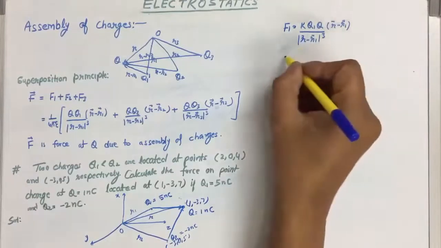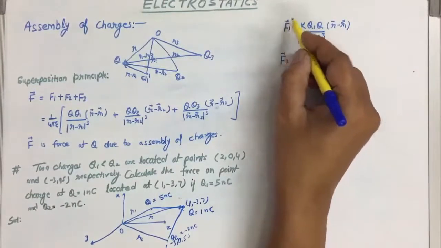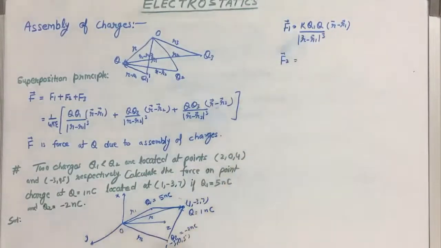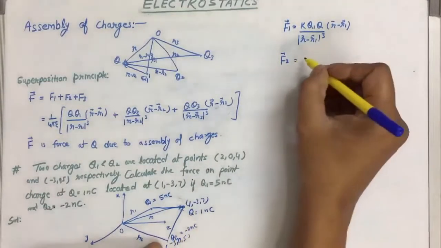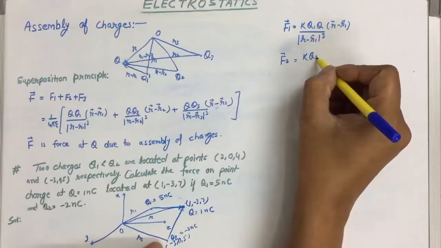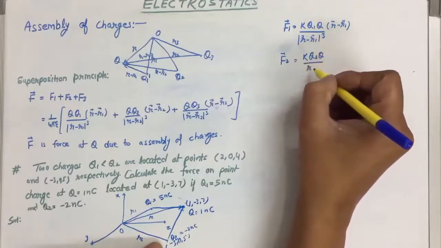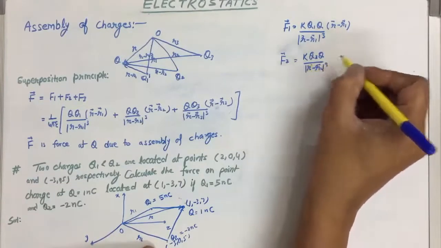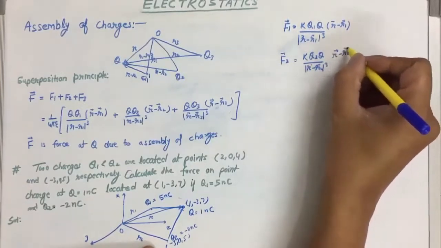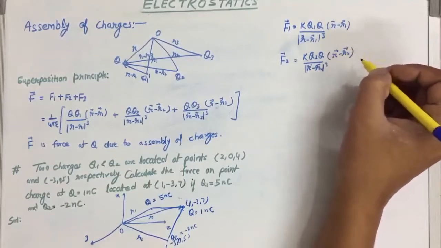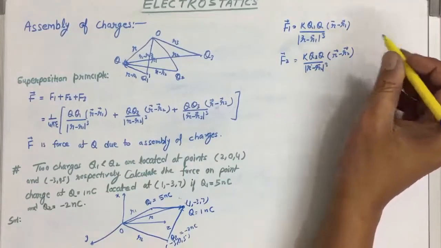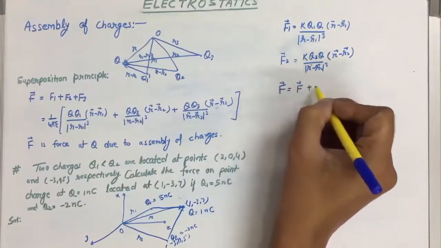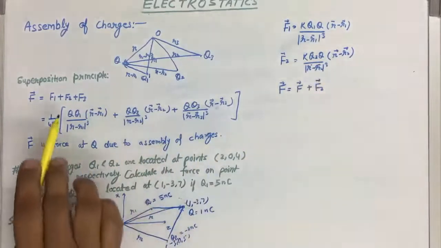Okay, now F2 will be, force on this due to this will be K Q2 Q divided by R minus R2 cube, R minus R2, and in this way net force will be F1 plus F2. As we have seen, this follows the superposition principle.